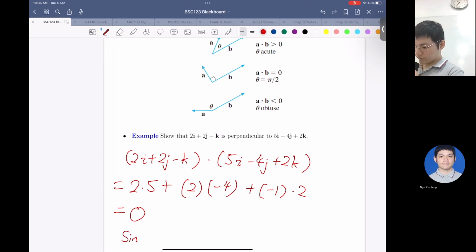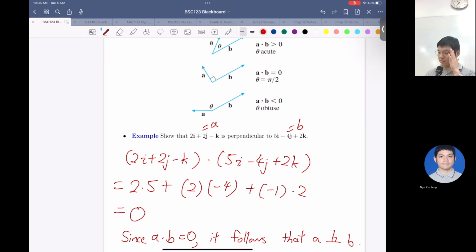Let me call it A and B. Since A dot B is 0, then A is orthogonal to B. Okay. Depend on what convention you like.